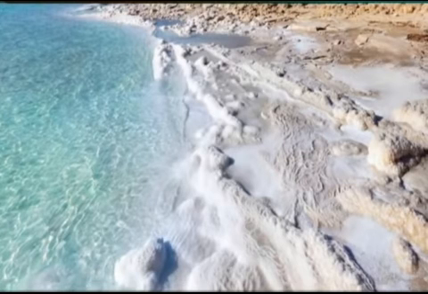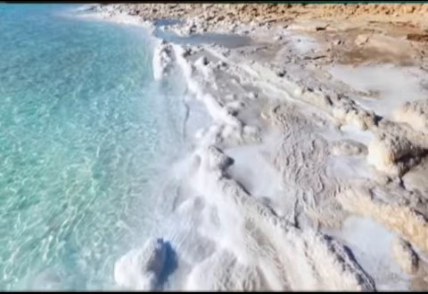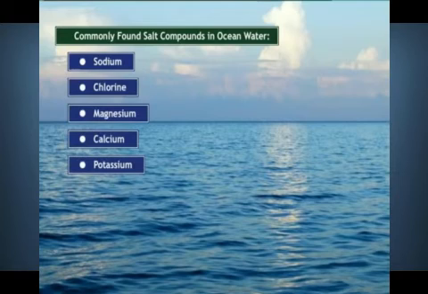Hence, the proportion of this salt in the seawater keeps increasing, thus making it saline. The most commonly found salt compounds in ocean water are sodium, chlorine, magnesium, calcium and potassium.